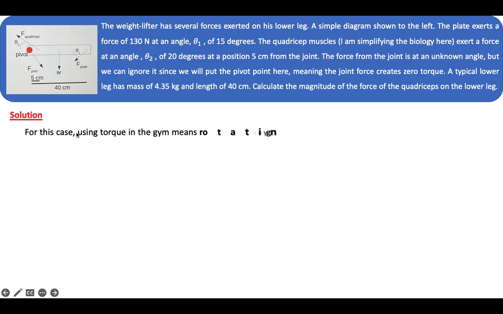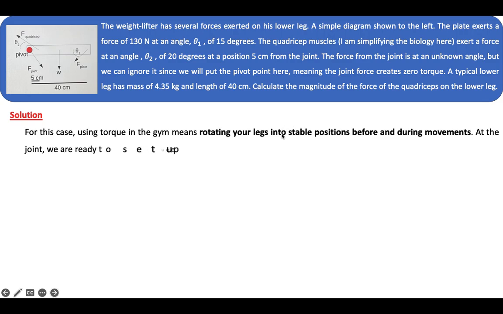For this case, using torque in the gym means rotating your legs into stable positions before and during movements. At the joint, we are ready to set up equilibrium for the lower leg, so the net torque at this joint is 0. The net torque equals 0.